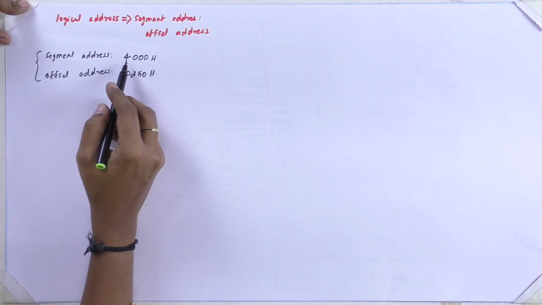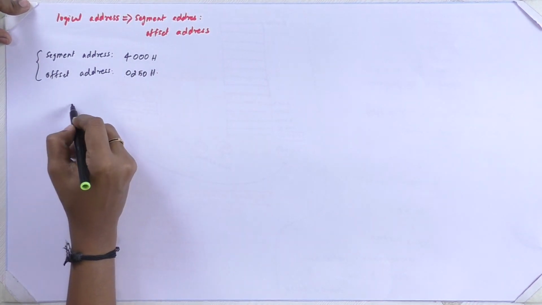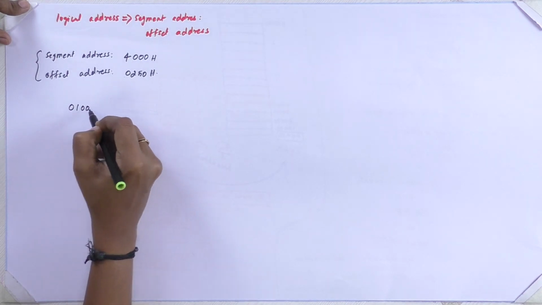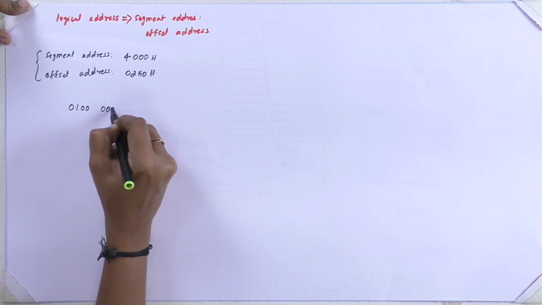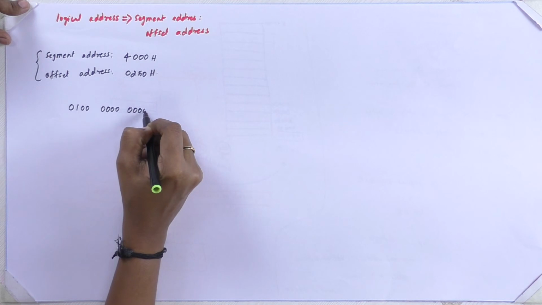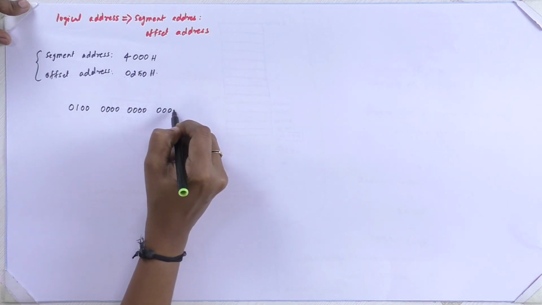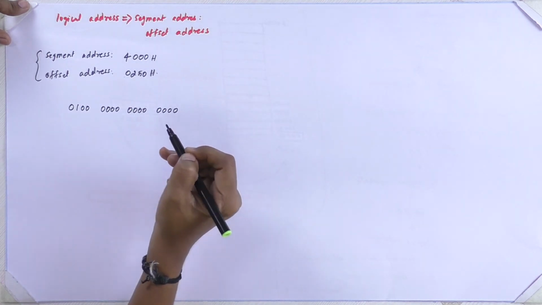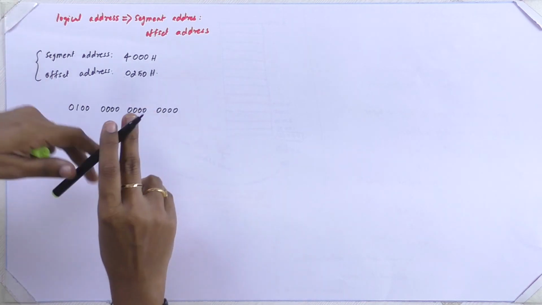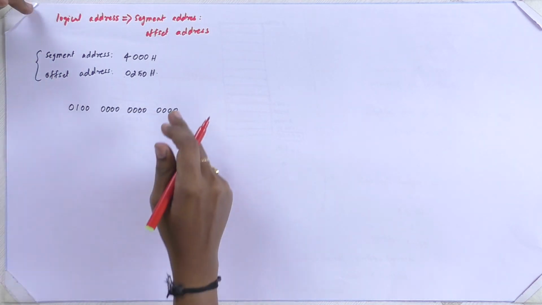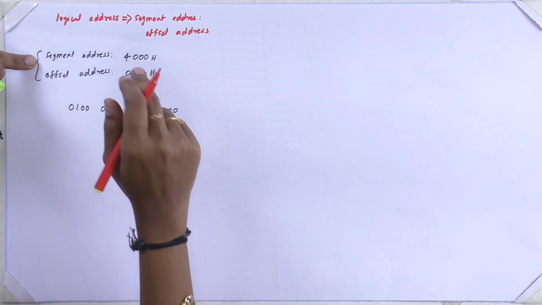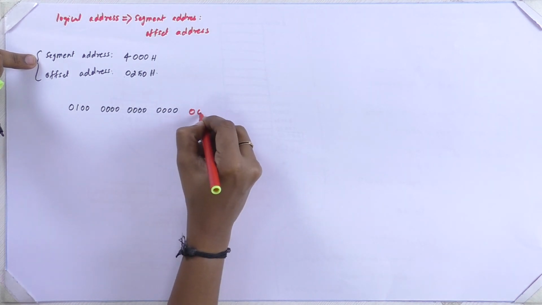The binary representation for the segment address is 0100 0000 0000 0000. Now, in order to convert to physical address, we will be shifting 0 bits 4 times to the left of the segment address.